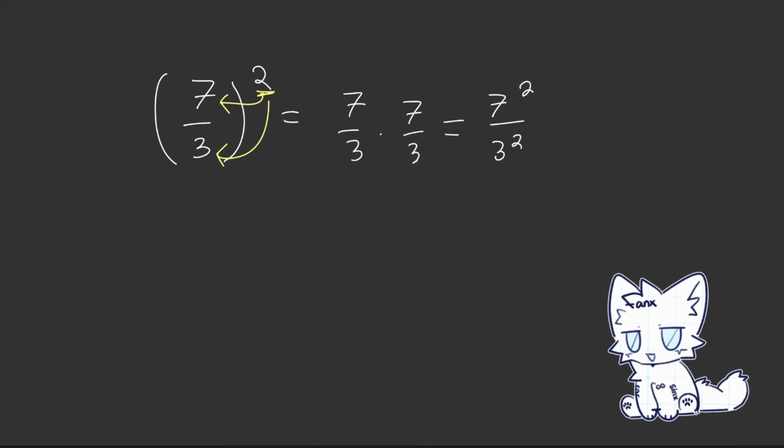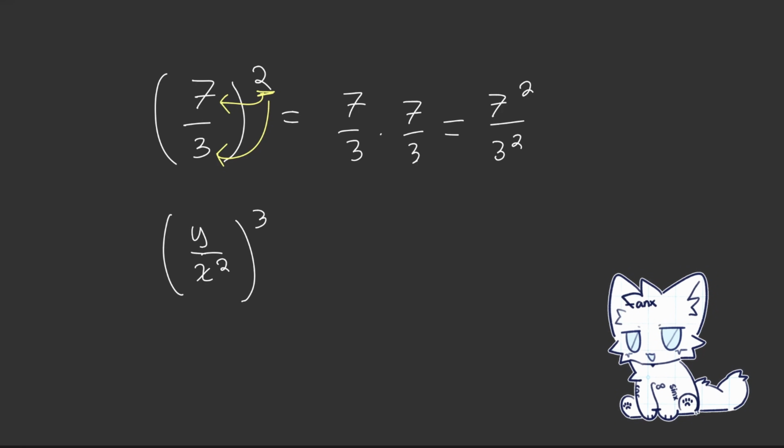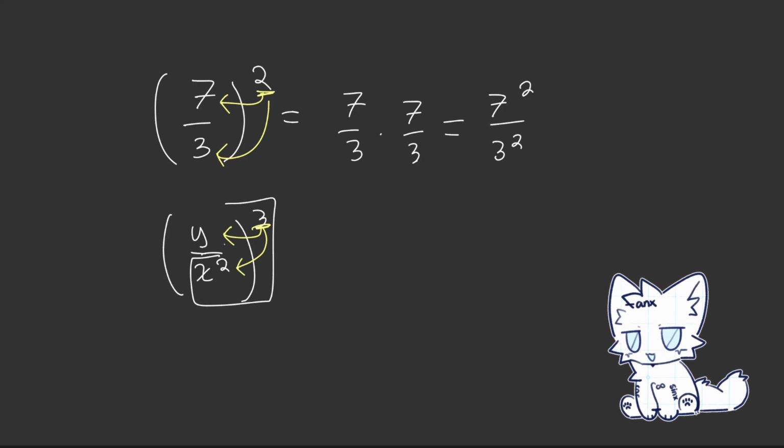And we can do this with variables as well. So y over x squared, to the third power. Well, let's just distribute this. And now does this situation look familiar?